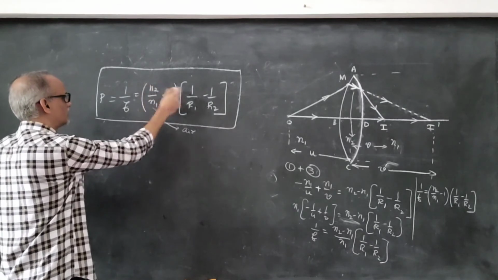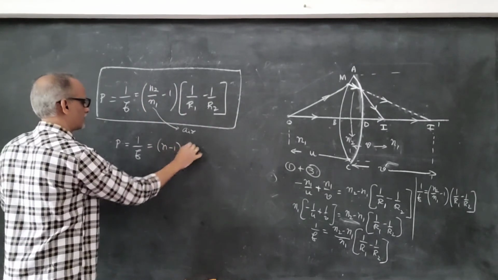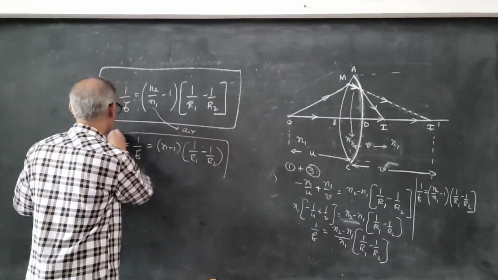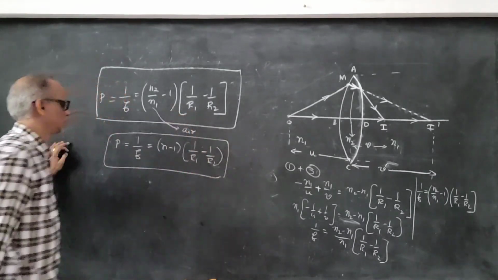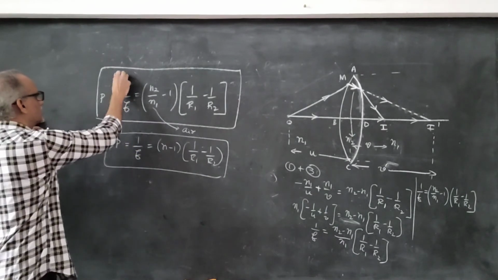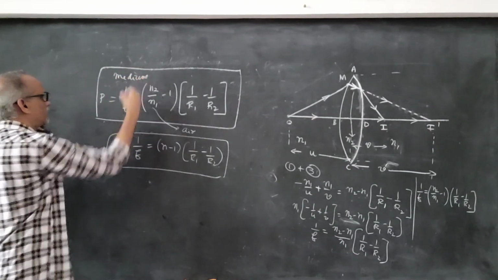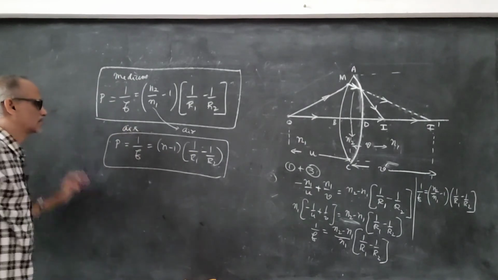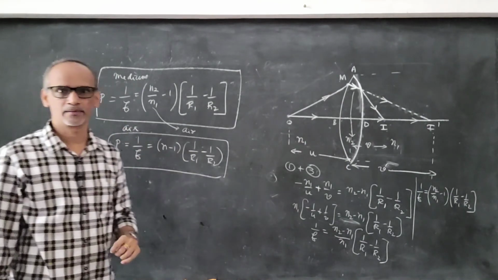So instead of writing N2 by N1 minus 1, we write N minus 1 into 1 by R1 minus 1 by R2. So this is the formula when it is surrounded by a medium, and this is the formula when the lens is surrounded by air, okay?